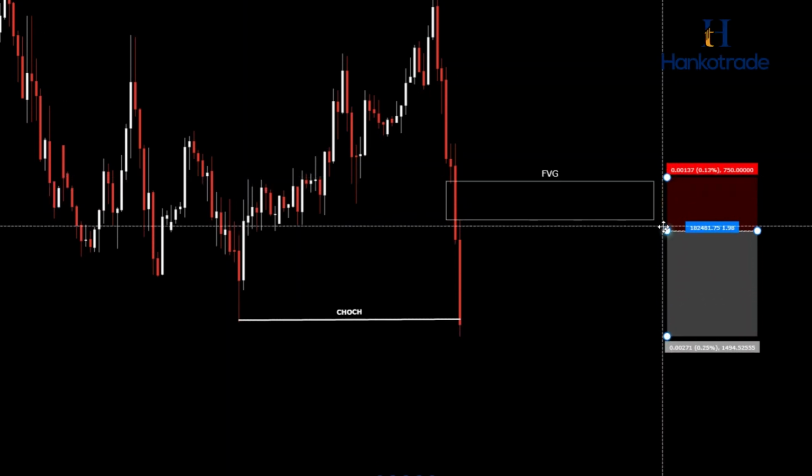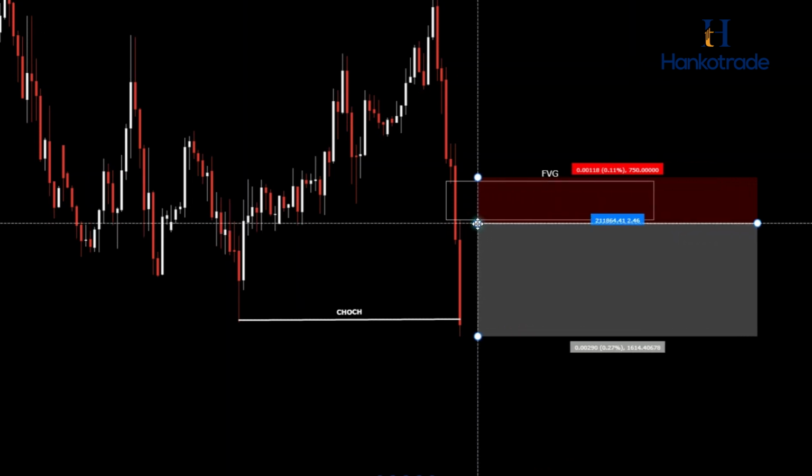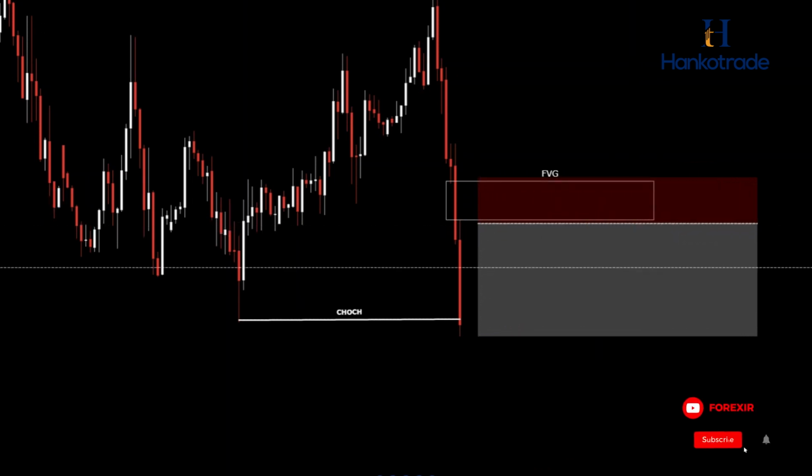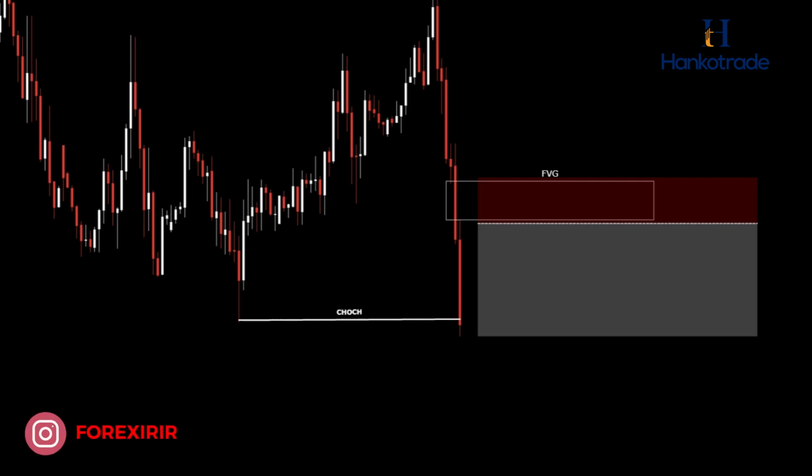Whether you're a seasoned trader or just embarking on your trading journey, comprehending this concept can provide you with a clearer perspective on price dynamics and potentially elevate your trading results. So, join us as we embark on a journey that has the potential to reshape your approach to the financial markets.